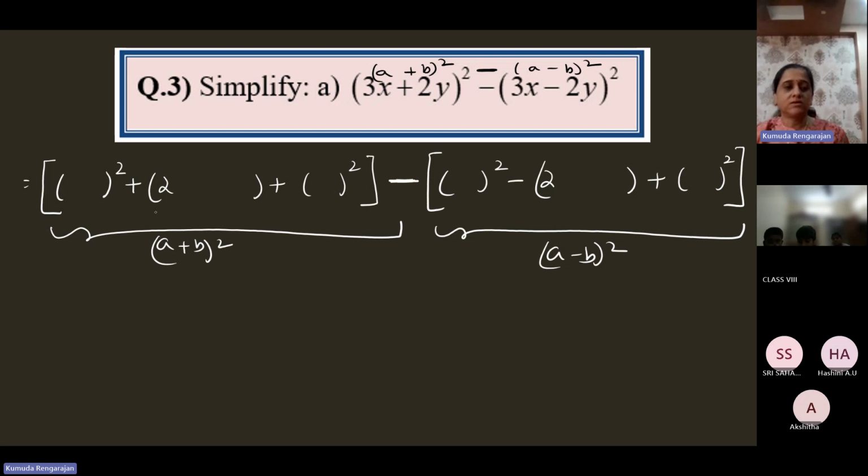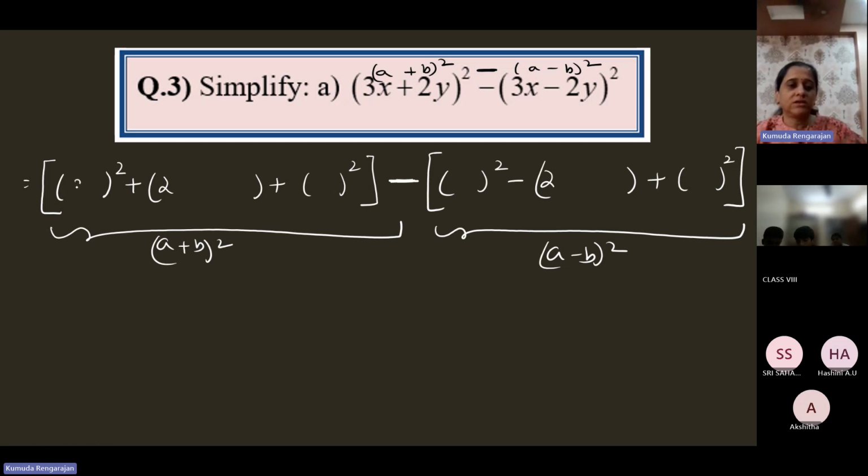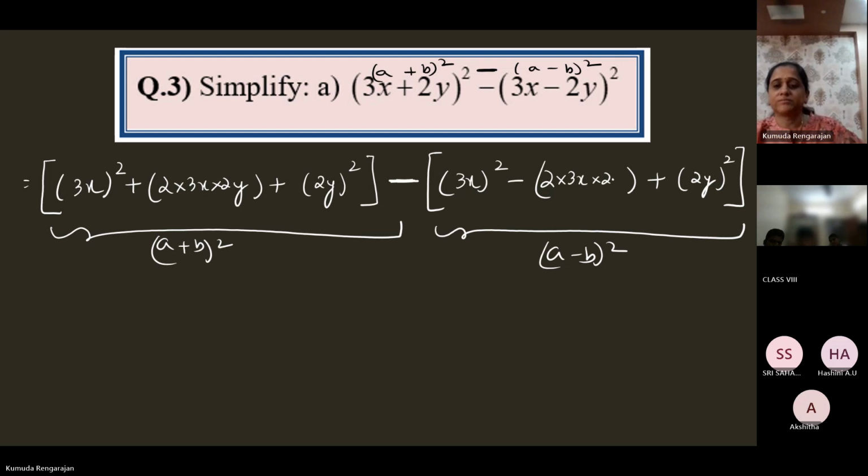So the answer is a squared plus 2ab plus b squared for the first bracket, minus a squared minus 2ab plus b squared for the second bracket. Now fill in 3x, 2y, 2 into a into b. Again, a squared, 2 into a into b. That's all.